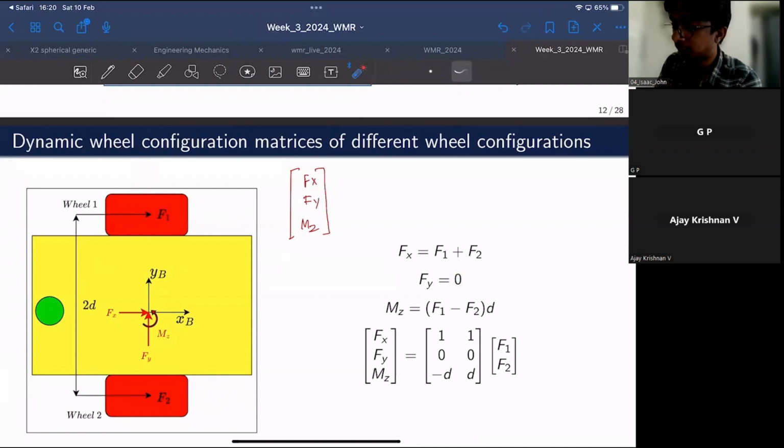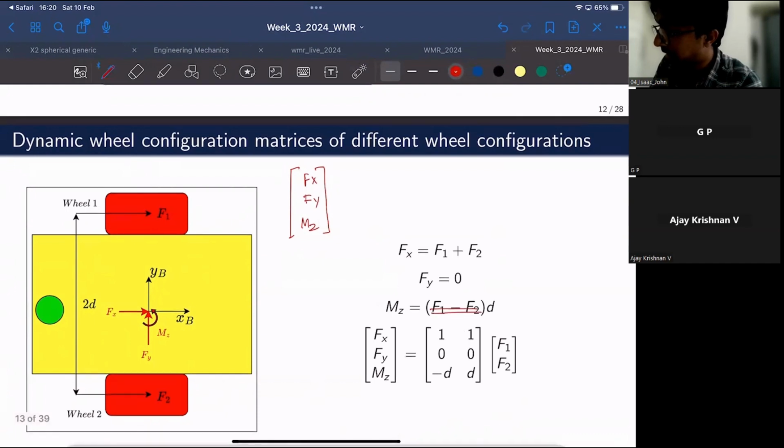And if you resolve the moments about this z-axis, if you consider the distance between the two wheels to be 2d, F1 will contribute a clockwise moment. So that is why we have, sorry, I think this is inverted. This should be F2 minus F1, right?